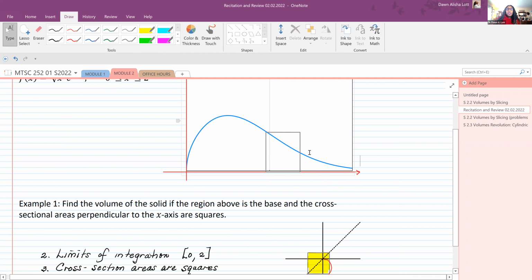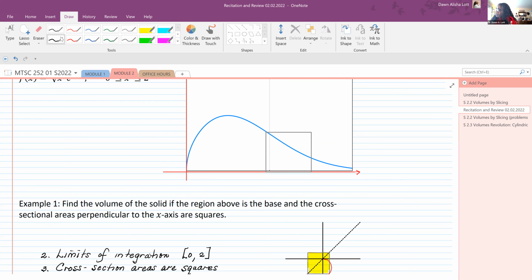Okay, so what's the length of one side of the square? Can anybody tell me? So here's a given X, here's 0, and here's 2. So between 0 and 2, I chose 1 X. And based on that X, I need to find the area of the square.